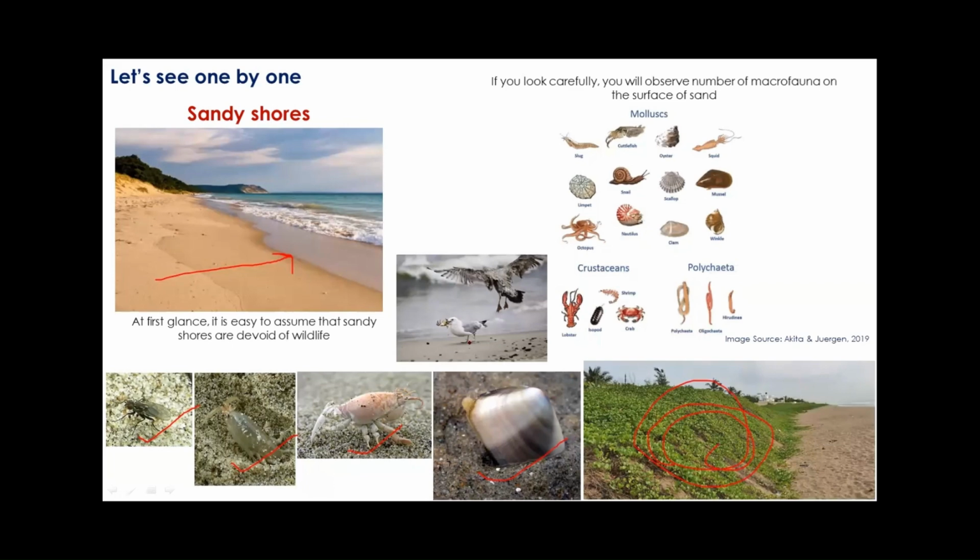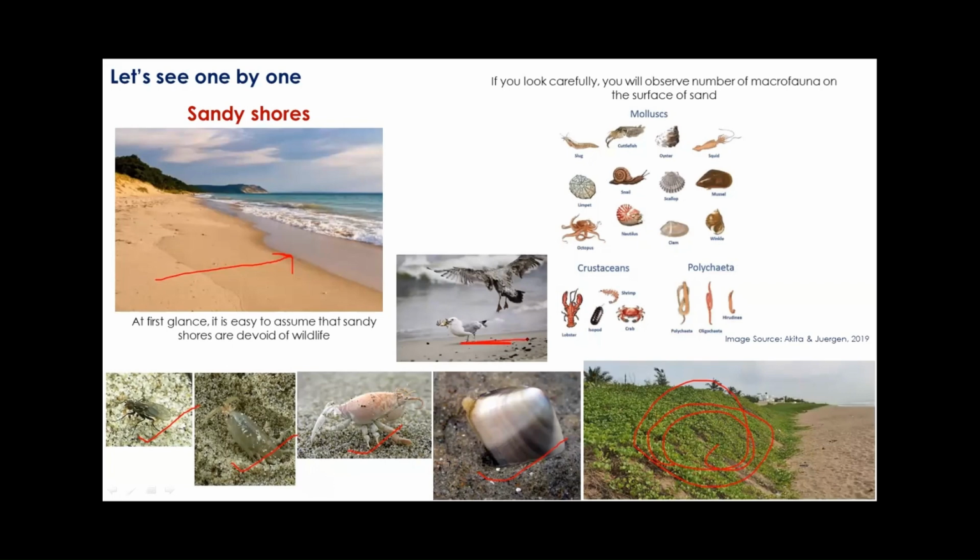Apart from that, you will also see a number of seabirds on the coast feeding on the benthic animals. You will be able to see this macrofauna if you look carefully into the sandy shore.